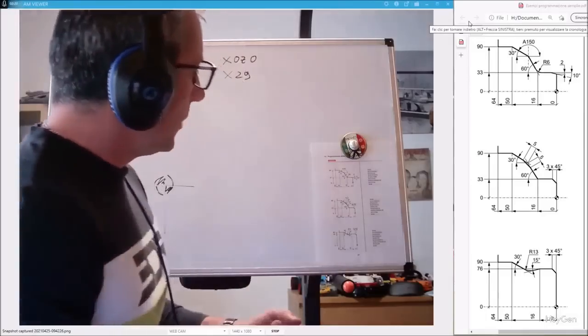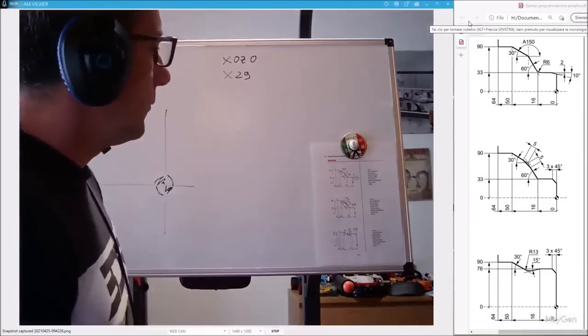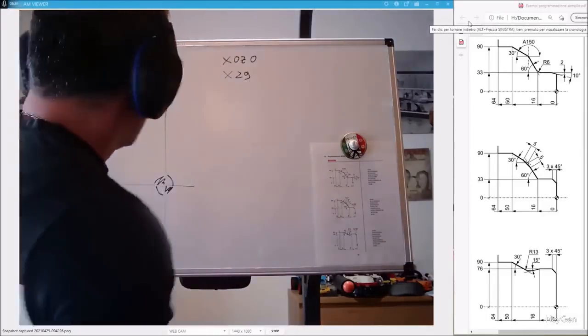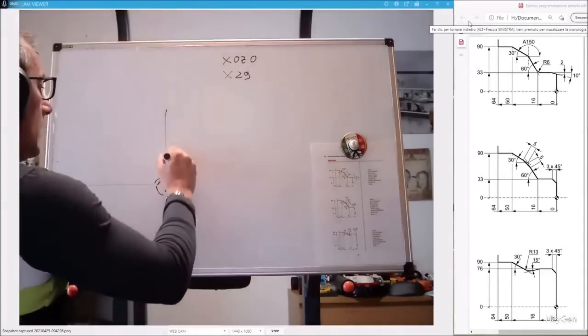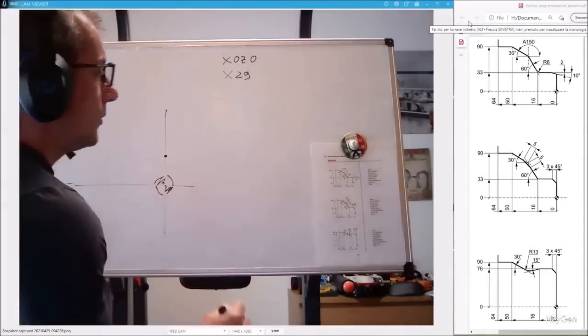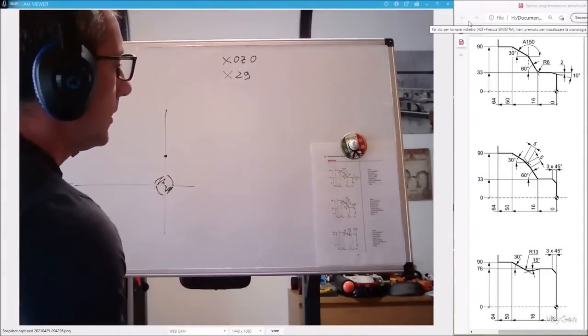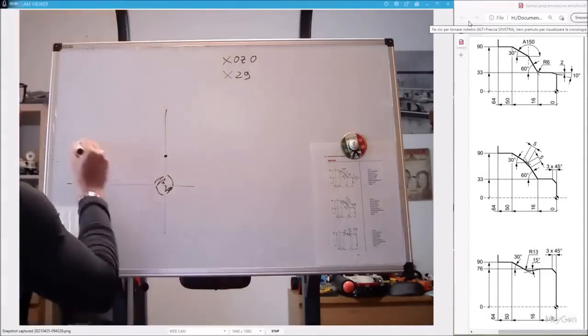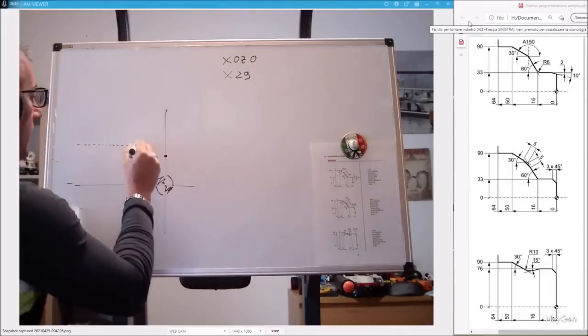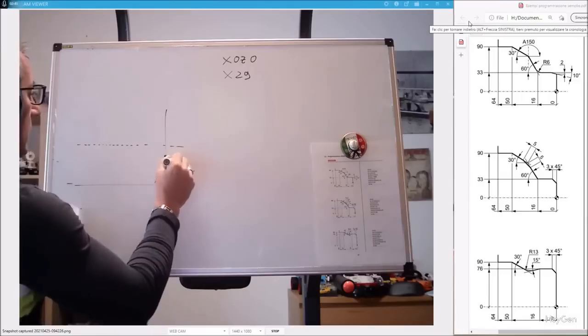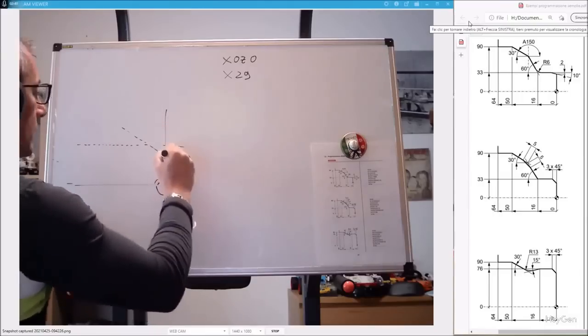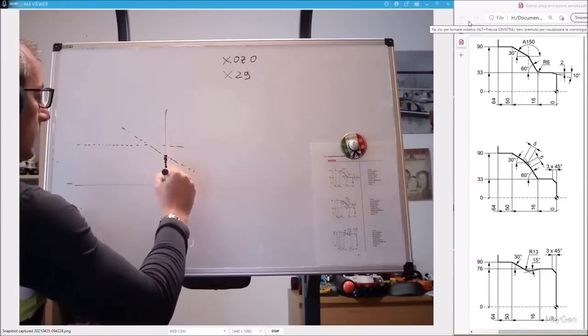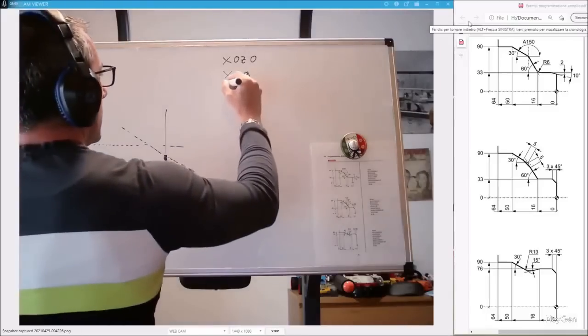Z0 remains 0, after which we start moving by using the angle function. So we go up and are at x29. At this point we say move, tilt 10 degrees. We set a barrier at 33, and the degrees we set as dashed. Having arrived this far, what do we say?